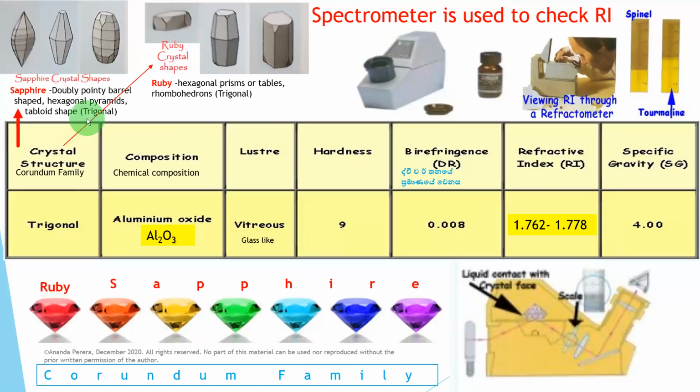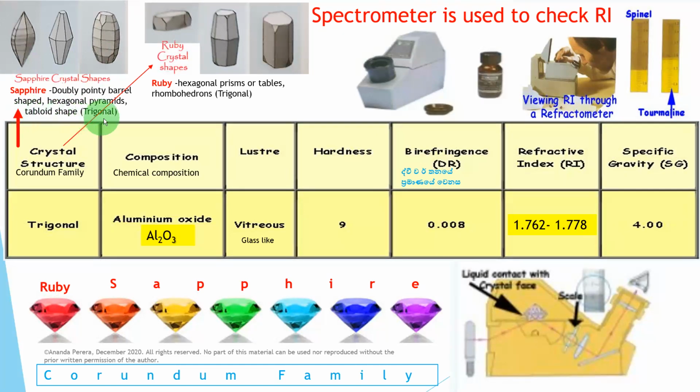Then sapphire crystals are like this. Ruby crystal shapes are like this. What are the differences? Sapphire: doubly pointy, barrel shaped, hexagonal pyramids, tabloid shape. We have another word: trigonal.